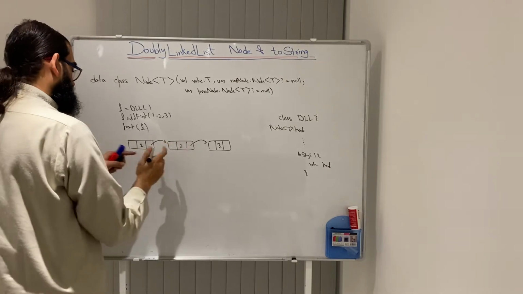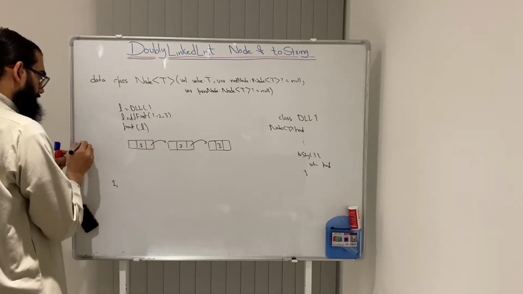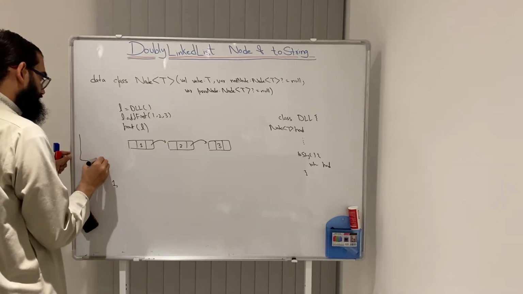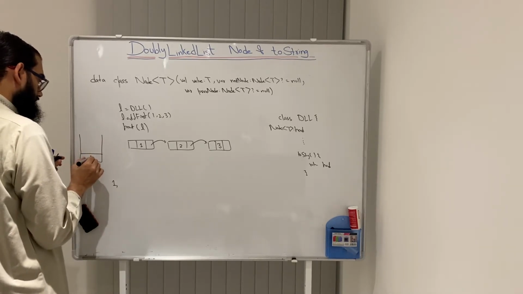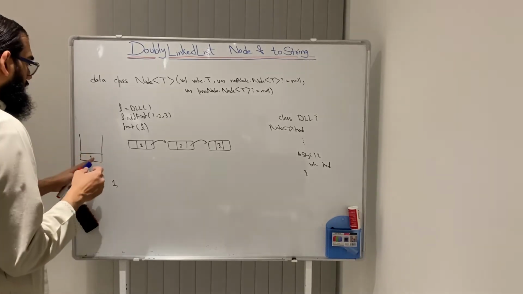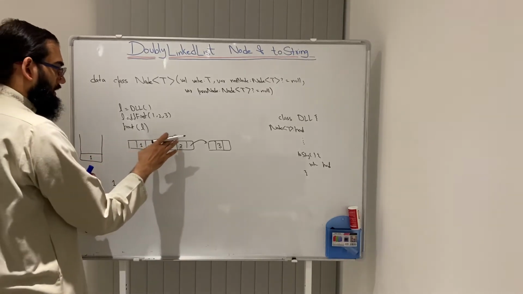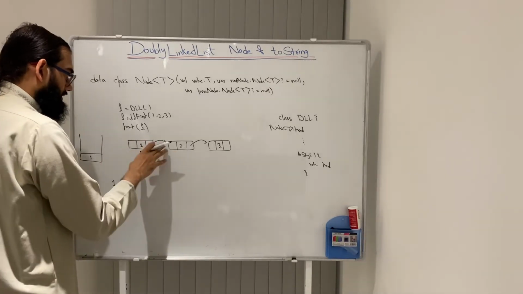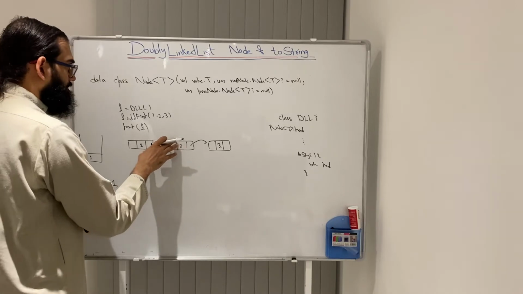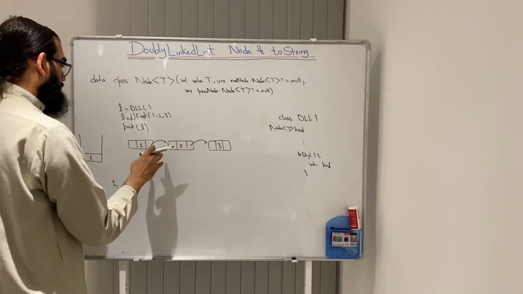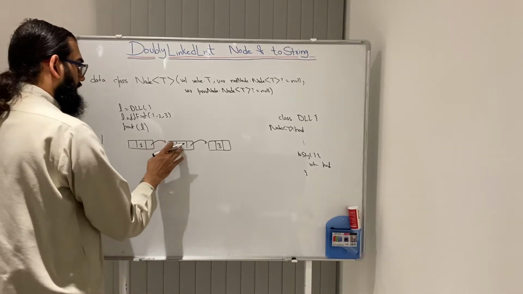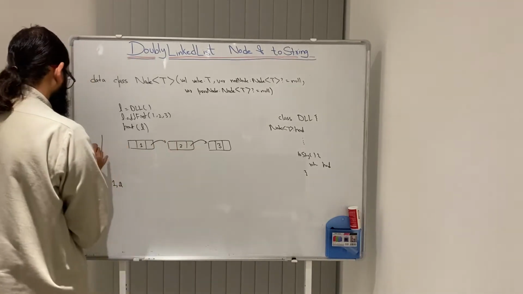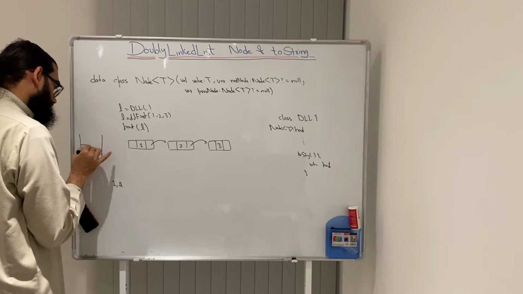So in this case, my stack is like this, and I have 1, and now I am calling the next node. In this case, we will jump in here. Now we will come to 2, and now I'm calling next node again, and this is still in the stack.